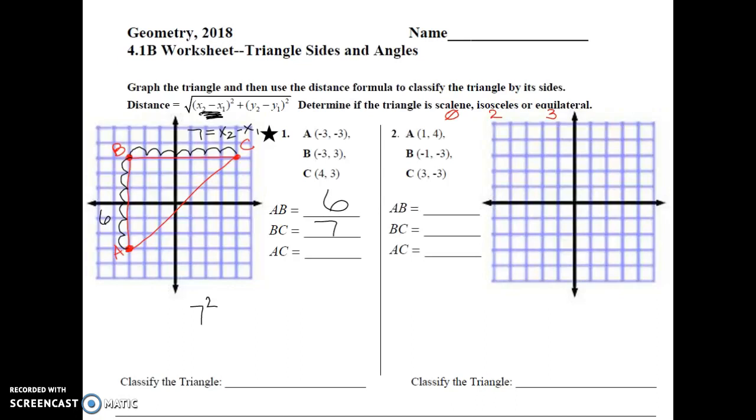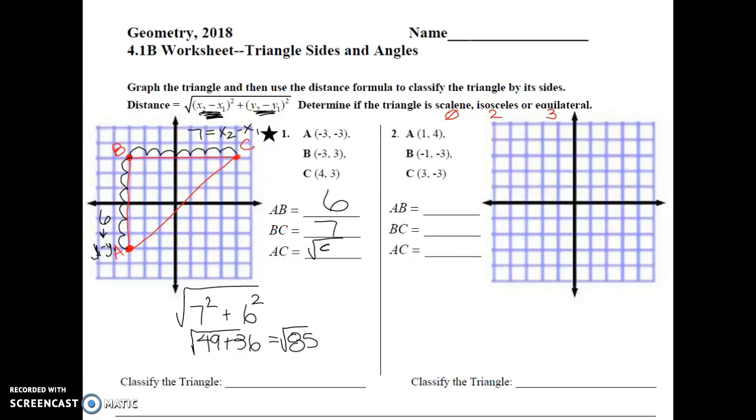And then the distance of the y's, and that is actually this number right here, y2 minus y1. And so we can put that right here and then take the square root of that. We have 49 plus 36, which gives us a total of 85.